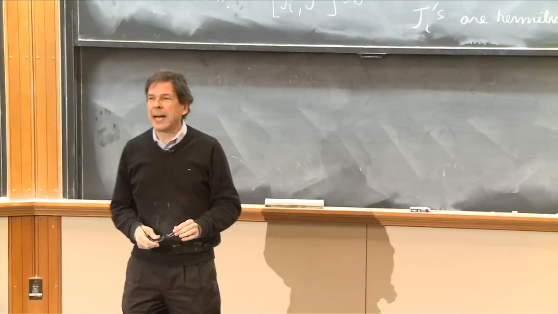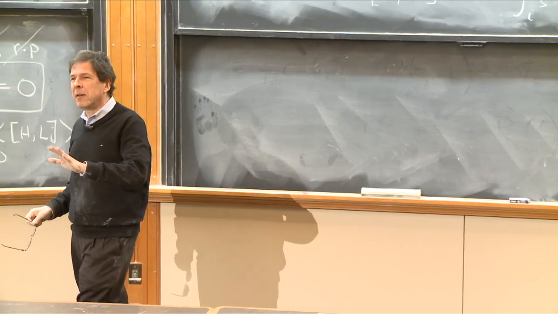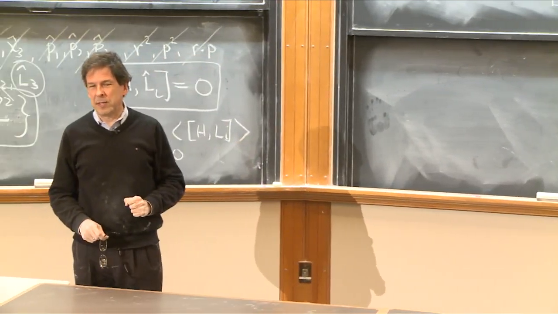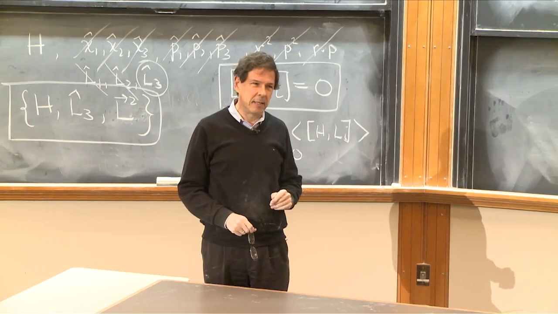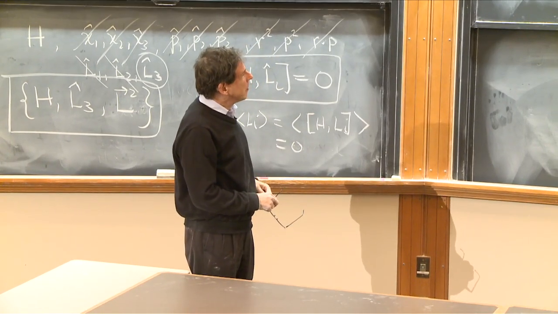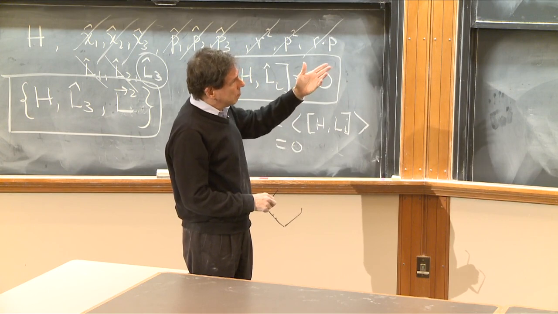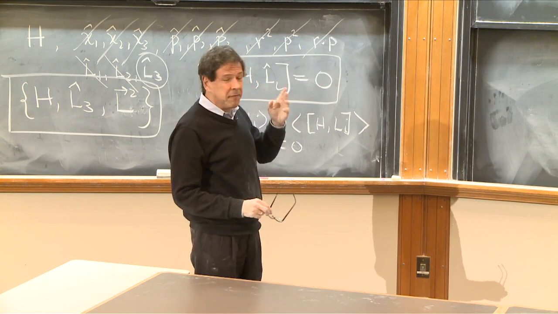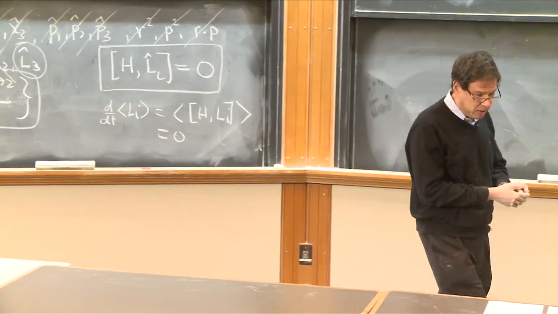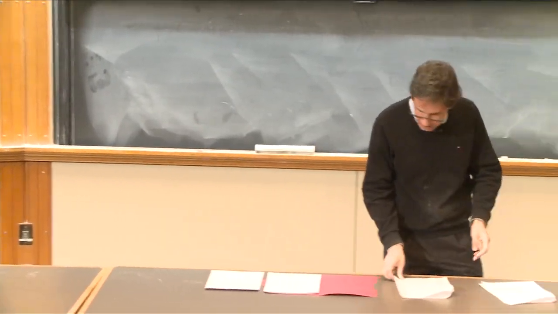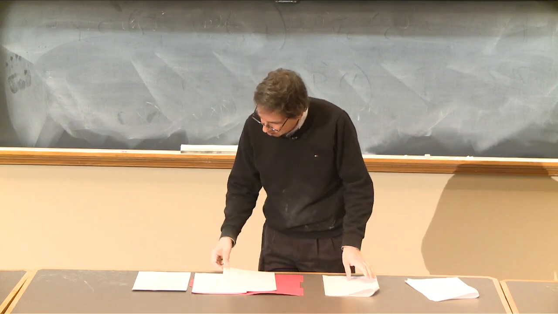From these 2 facts, we're going to derive incredibly powerful results, extremely powerful things. And as we'll see, they have applications even in cases that you would imagine they have nothing to do with angular momentum, which is really surprising.